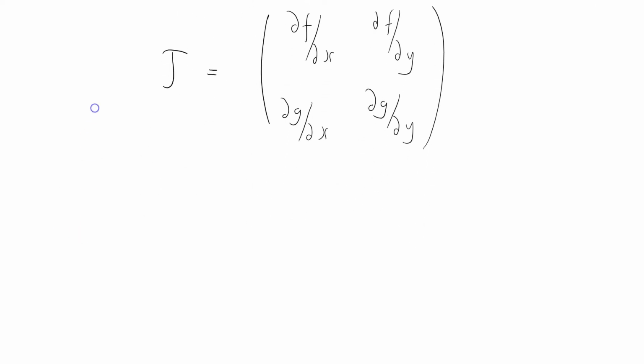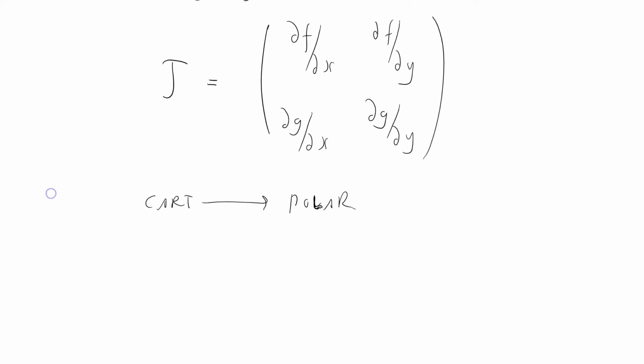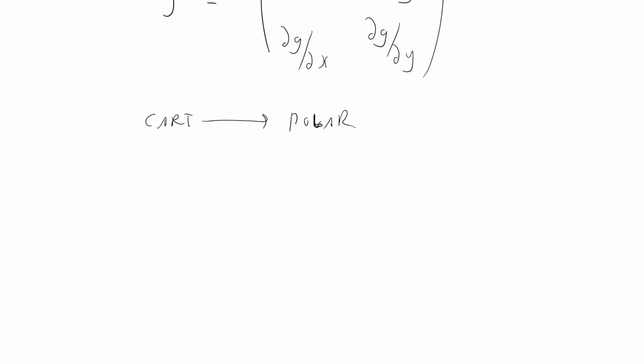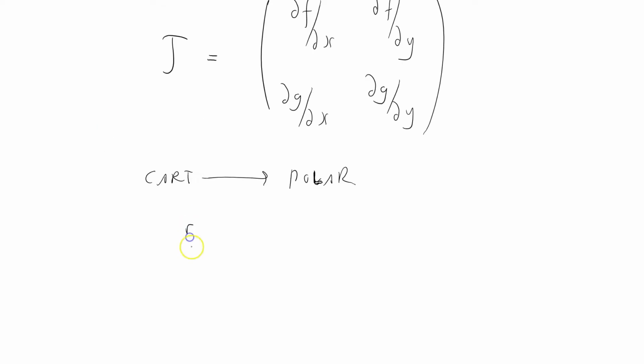It doesn't mean very much without an example, so I'm just going to give you a nice example. I'm going to convert between Cartesian coordinates and polar coordinates. I'm going to make heavy use of this as an example, and I'm also going to generalize it in different ways. So instead of f and g, I've got r and theta. r equals the square root of x squared plus y squared, and theta equals arc tan of y over x.